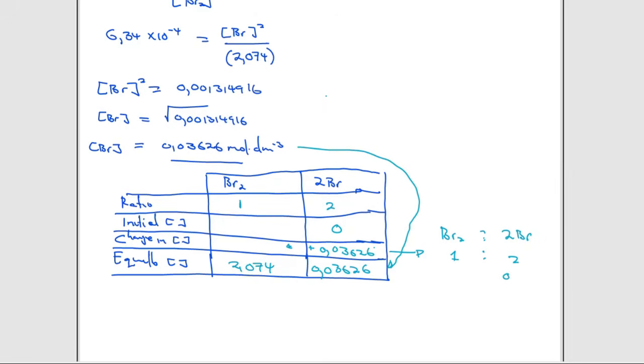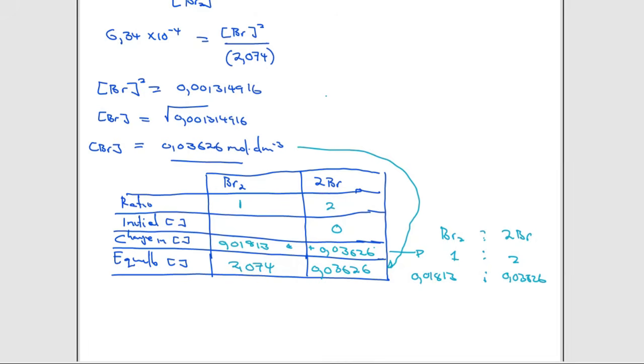So what are we going to do? We're supposed to divide this value by 2. If we divide it by 2, we're going to get a value of 0.01813. I'm going to put that value here across, which is 0.01813.